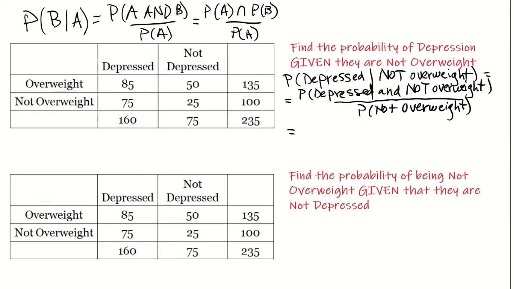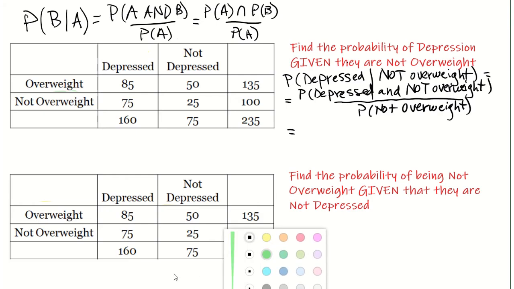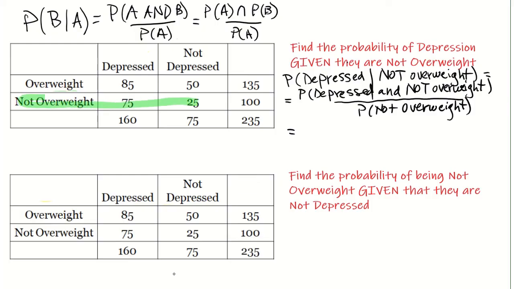Okay, and let's see what that is. So first I am going to look for the probability of not overweight. So that is this right here. This is our denominator, so we want the total number of participants who are not overweight. And that's going to be 100.